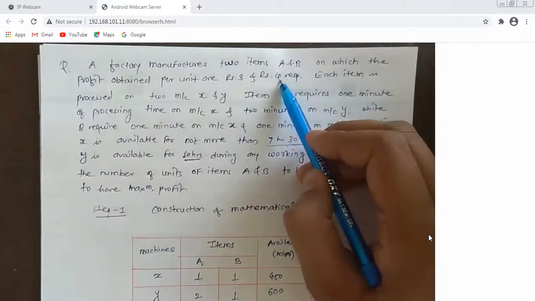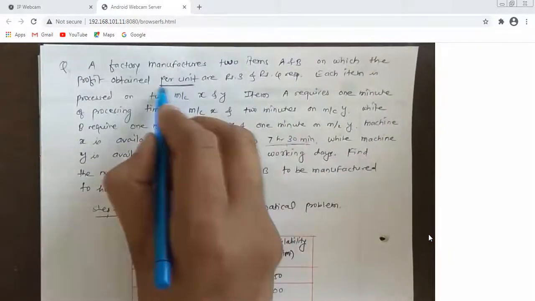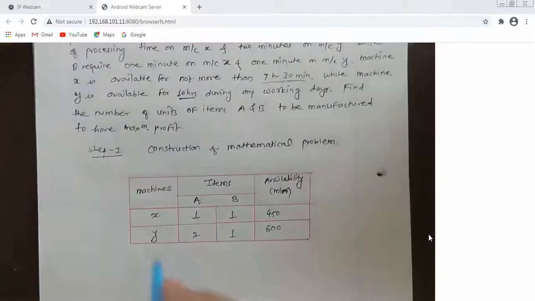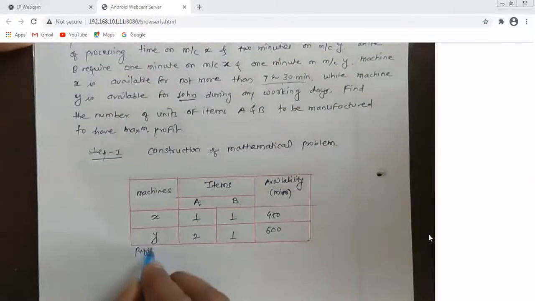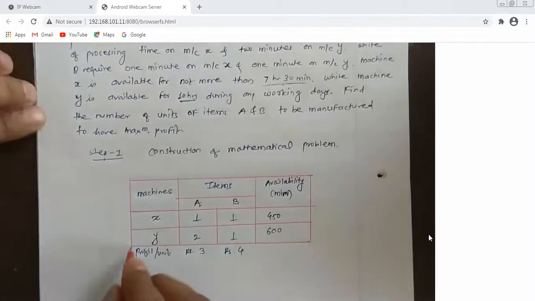But it is for a single unit, because they have given per unit. So I will add one more row, that is profit per unit. So what is the profit per unit? That is ₹3 for item A and ₹4 for item B. Okay, so this is the table.